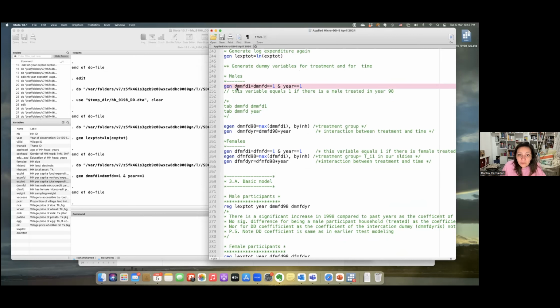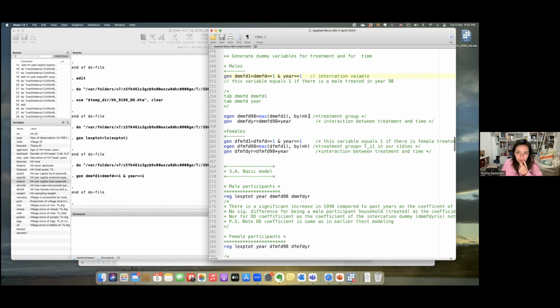So this variable, DMMFD1, is the interaction variable that we have been talking about. It equals 1 if there is a male benefiting from the microcredit, which means the household is treated, in year equal 1, which is the year 98. So this is the interaction between both variables.